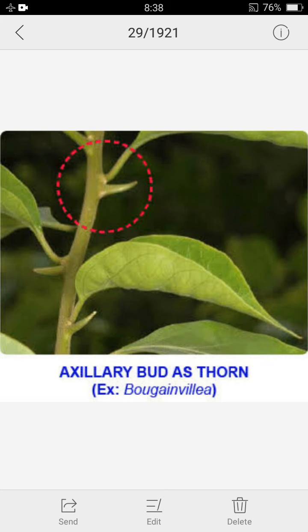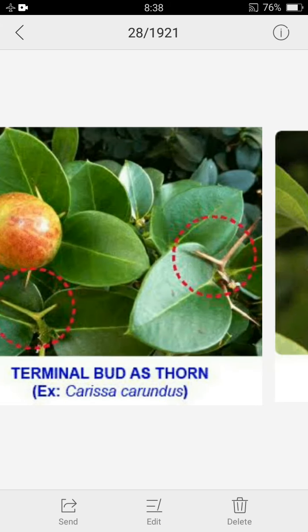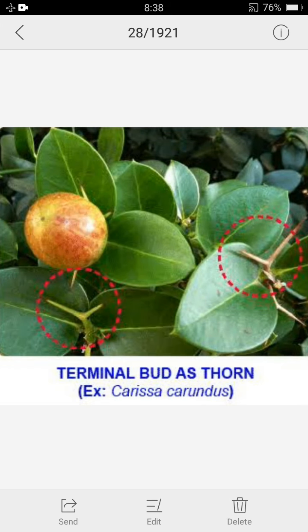They are woody, straight and pointed, and help to protect the plants from browsing animals like cows and buffaloes. And in some plants of arid regions, stems are modified into flattened structures, for example Opuntia.